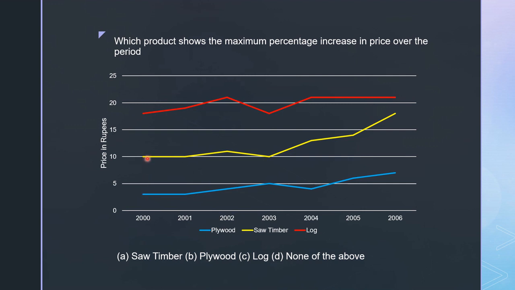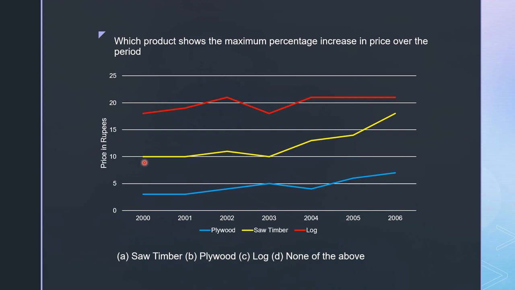Next, for the saw timber line, what do we consider? We consider the percentage increase over the period. Over the period means we consider the initial value, that is the 2000 value, and the final value, that is the 2006 value.